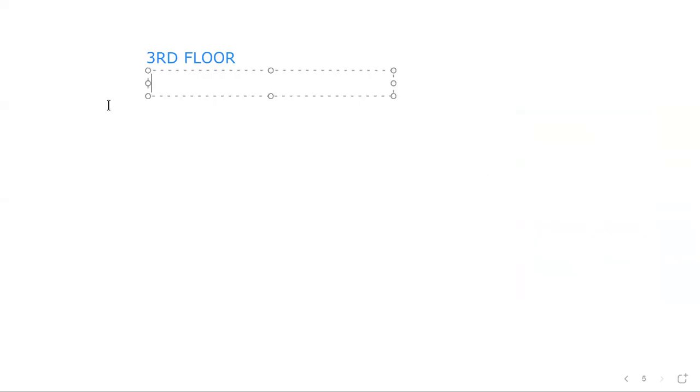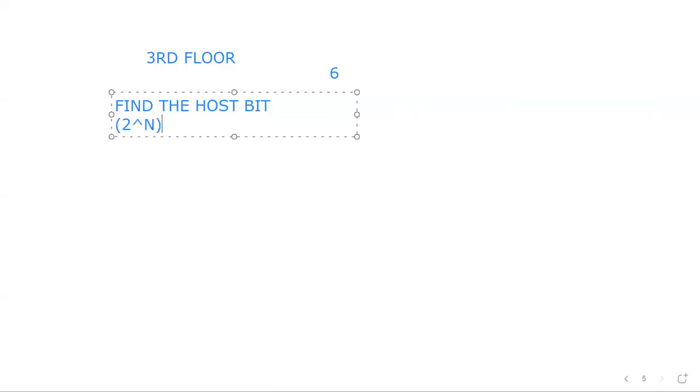Okay. Another, find the host bit. Again, 2 to the power n subtract 2 is greater than or equal to 6. 2 to the power 3.